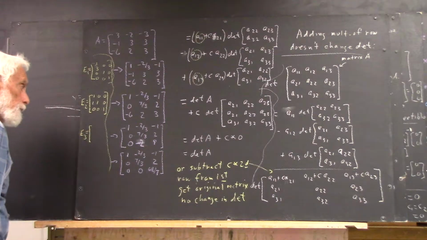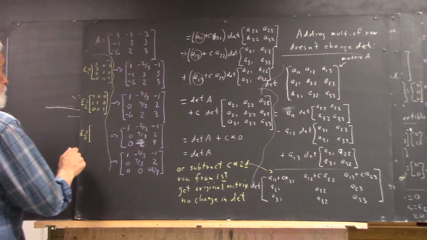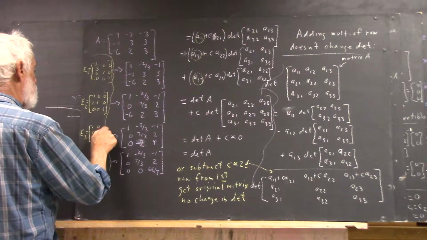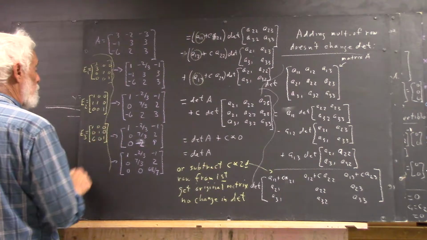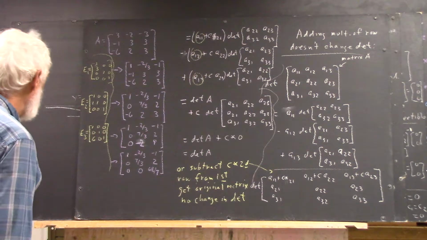Then E3 is what? Well, we added 6 times the first row to the third. So it's going to be 1, 0, 0, 0, 1, 0, didn't mess with the second row, but then it's 6, 0, 1, where we add 6 times the first row to the third row of the identity.